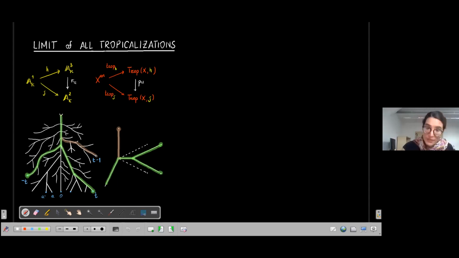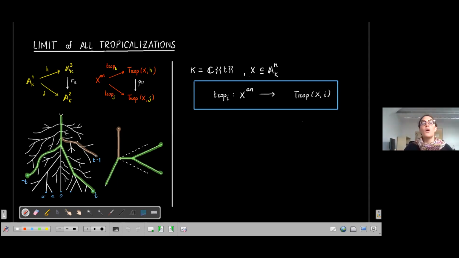So this is suggesting that we don't only have a map from the Berkovich space to the tropicalization when we fix an embedding, but using the morphisms that relate our tropicalizations, we can indeed construct a limit. So we can take the limit of these tropicalization maps and the Berkovich space will then be sent to the limit of all these tropicalizations.